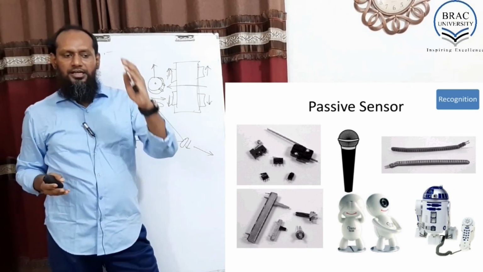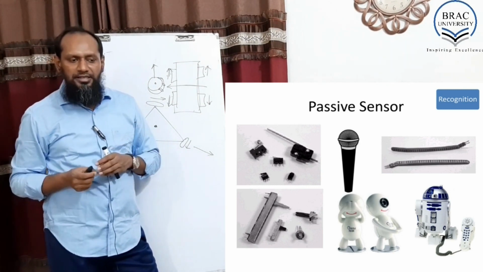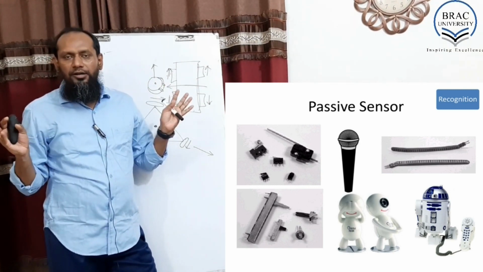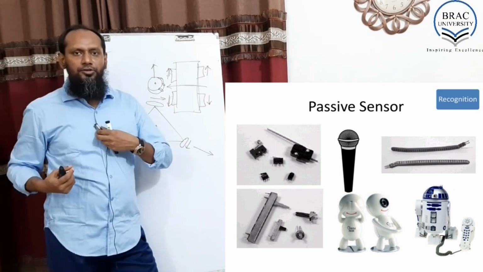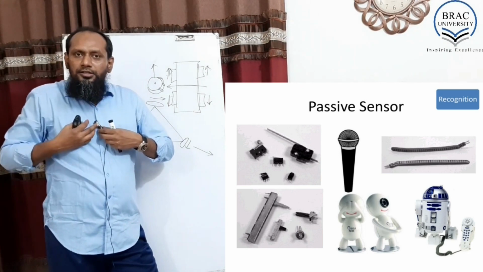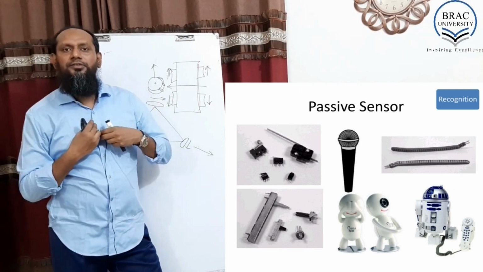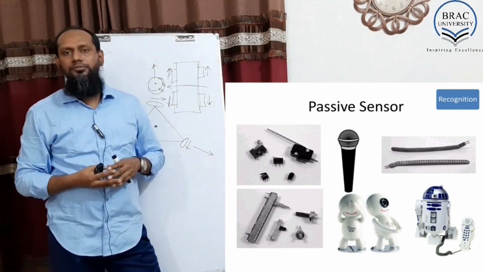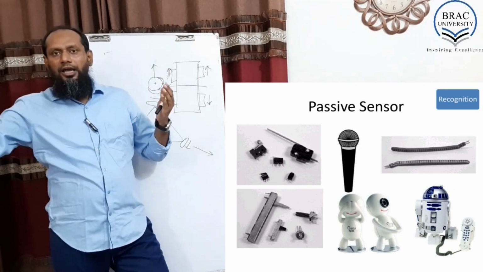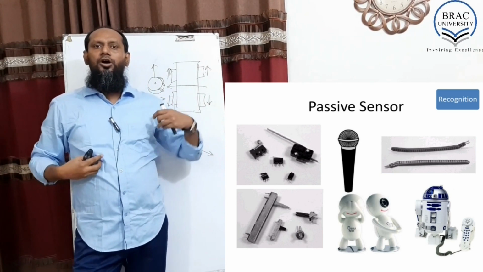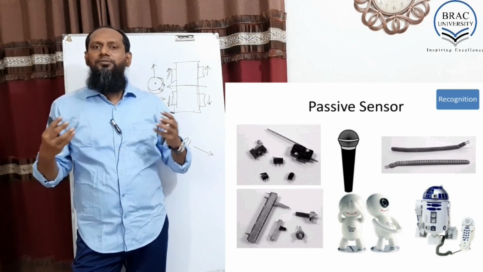For an active sensor you always need an emitter and a sensor, but for a passive sensor the emitter is not required. Emission is coming from the environment. Like this microphone, it doesn't emit anything. I am emitting the sound and it's just receiving. The camera of this phone is not emitting any light. I use some light in this room, or the sun is giving us the light, but the camera is not giving me the light.